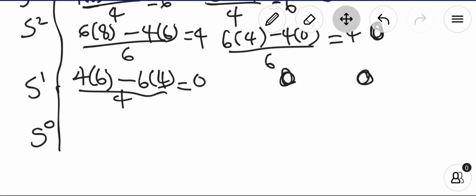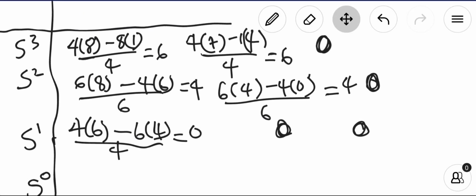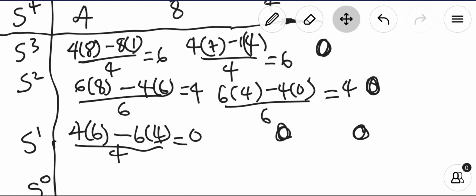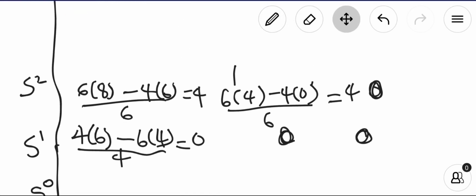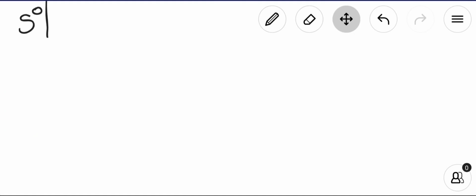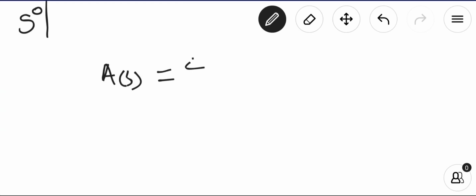to form an auxiliary equation that will help us to get a value for s1. So form that auxiliary equation from x squared. So from the row x squared, we have the auxiliary equation equal to 4s squared plus 4.